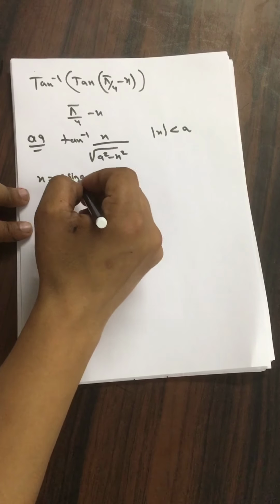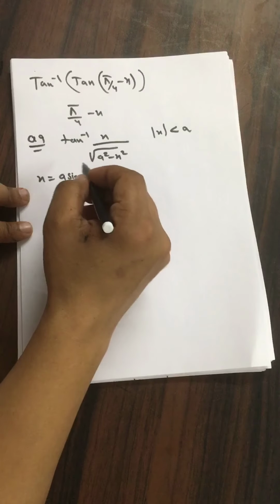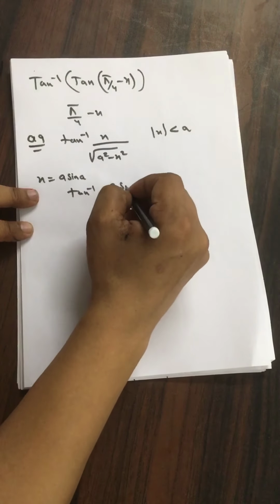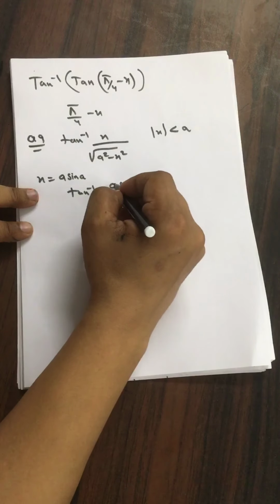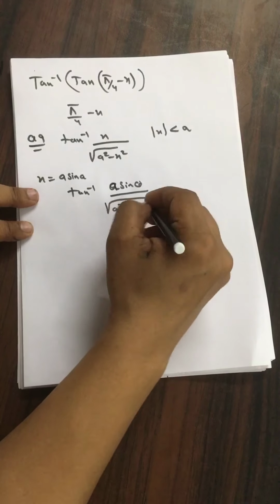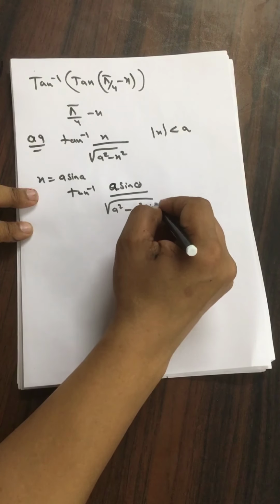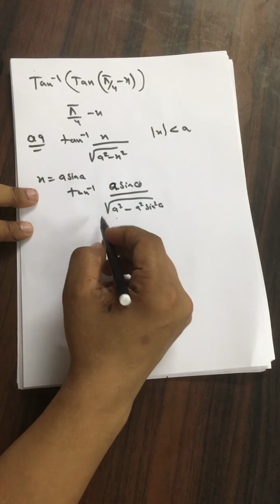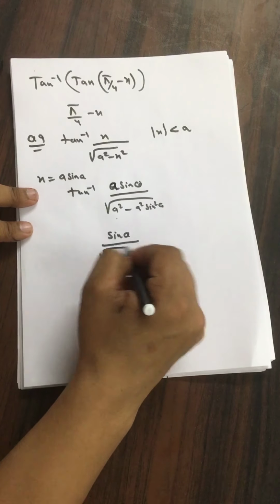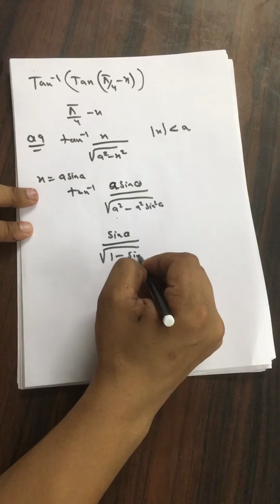Why am I taking sine, not cos? Because sine upon cos is tan. Tan inverse of a sine theta upon root of a square minus a square sine square theta. So this a will come out and cancel a. So it will become sine theta, and inside it will become 1 minus sine square theta.